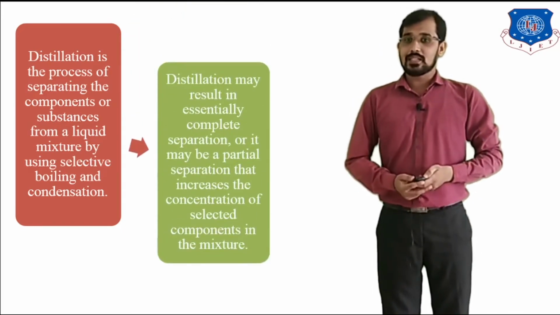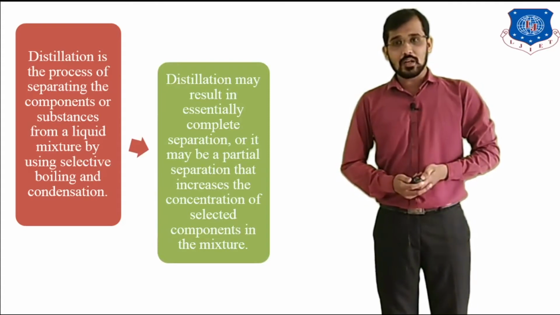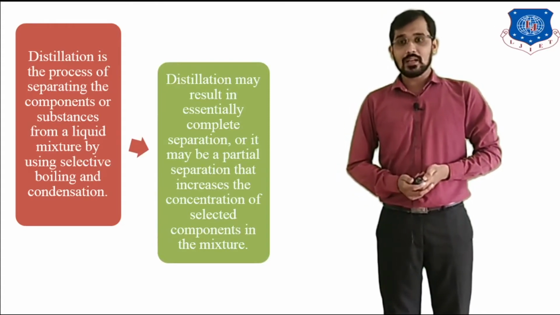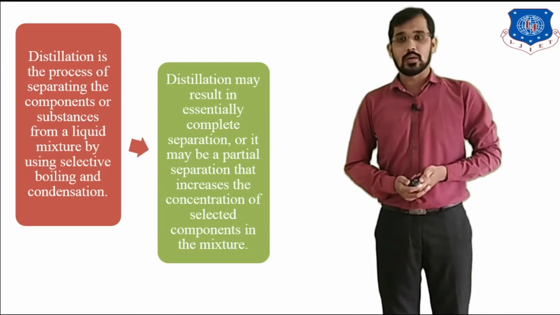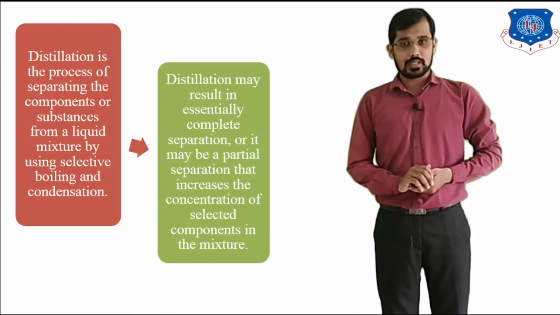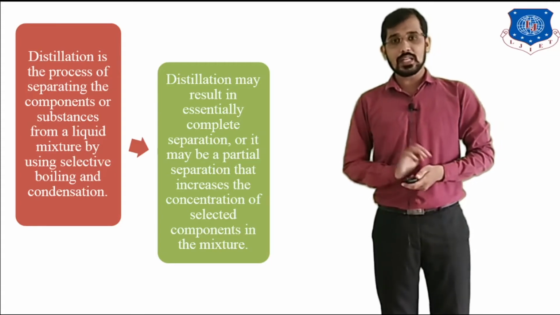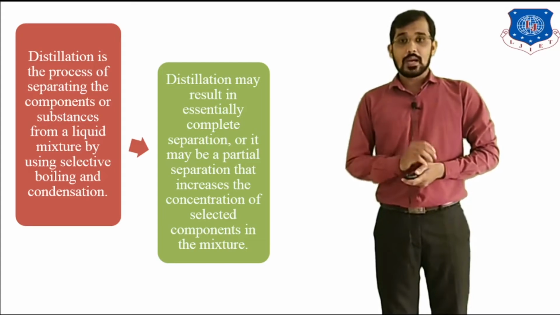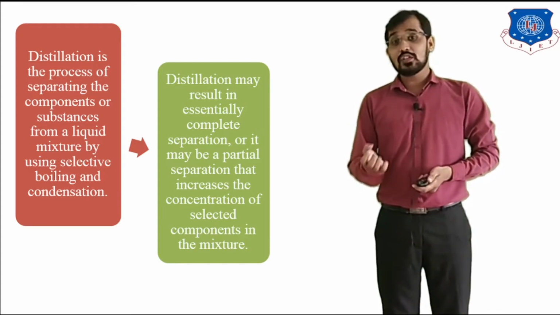Second point, distillation may result in an essentially complete separation, or it may be a partial separation that increases the concentration of selected components in the mixture. Suppose there is a mixture of two components, meaning a binary distillation process. A plus B are present in the mixture, and I want to separate component A as the pure component.